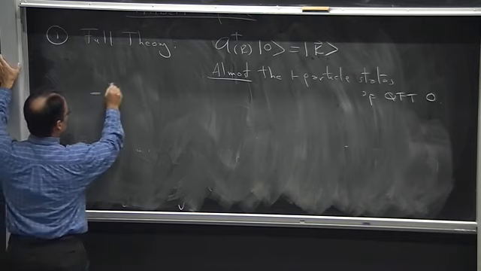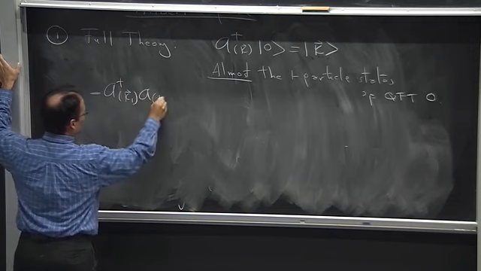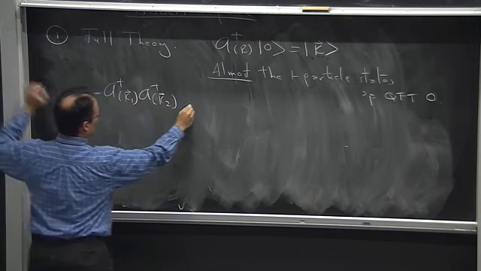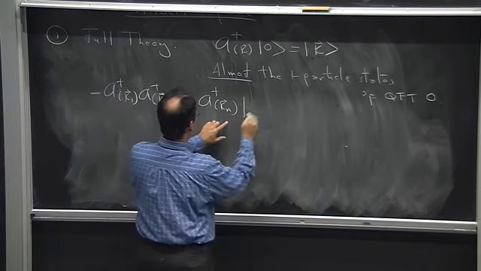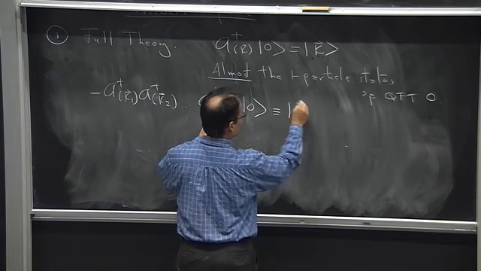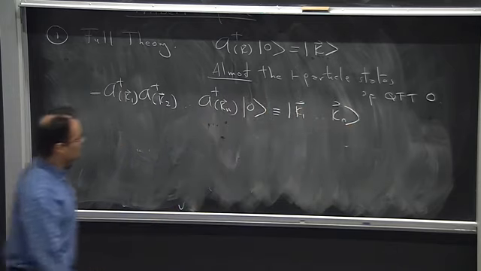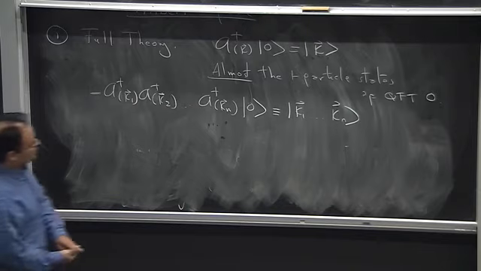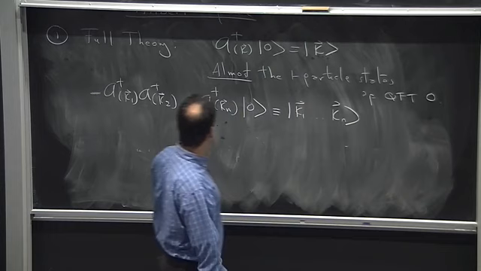Well, if we have several of them, we could define a state in the Hilbert space given by this, which, if these were to be interpreted as one particle states, would be multi-particle states.